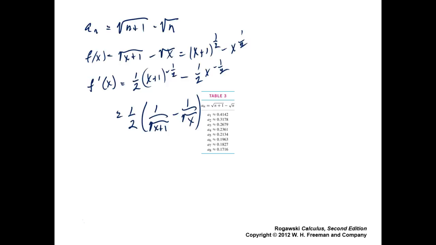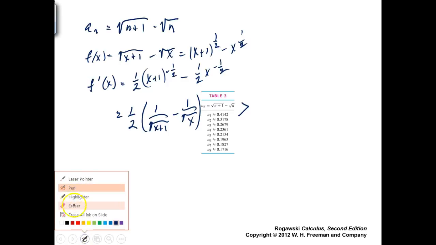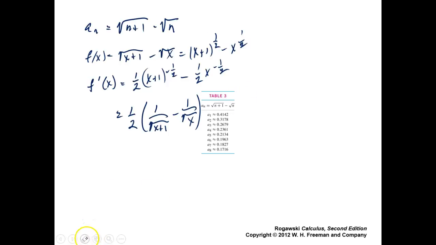Larger denominator, smaller fraction. Smaller denominator, larger fraction. So this thing is always less than, goodness gracious, I got my sign backward. It is less than 0, because in that difference, the larger number is subtracted from the smaller number.